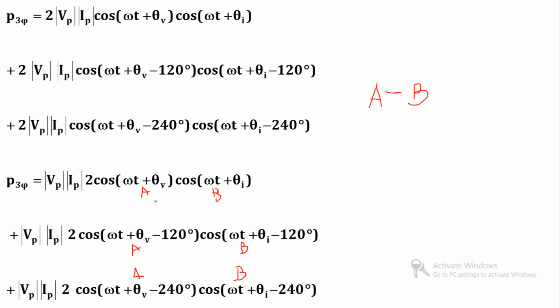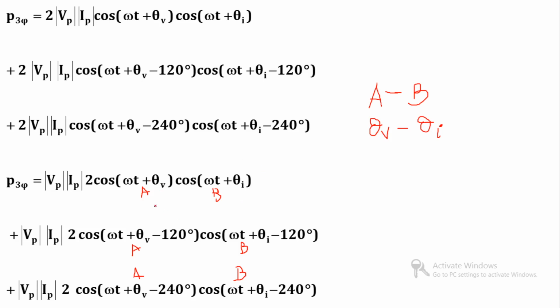A minus B. So this first term, omega t plus theta v minus omega t plus theta I. So this omega t will be cancelled out. So in the first term, A minus B looks like theta v minus theta I, because omega t plus theta v minus omega t minus theta I, so omega t will get cancelled out.